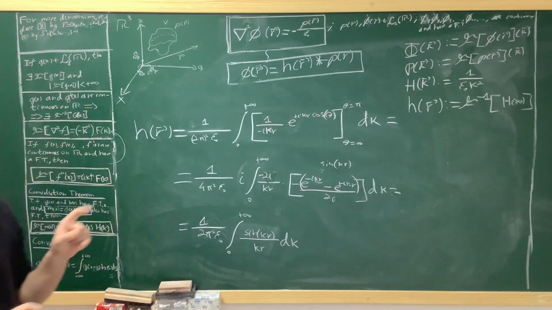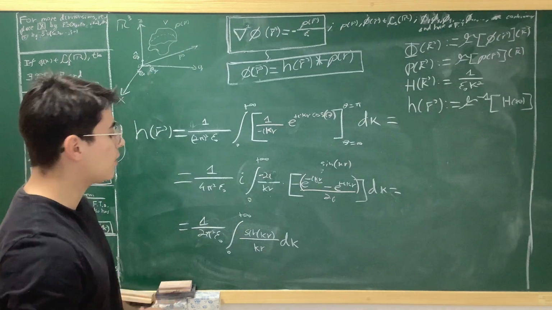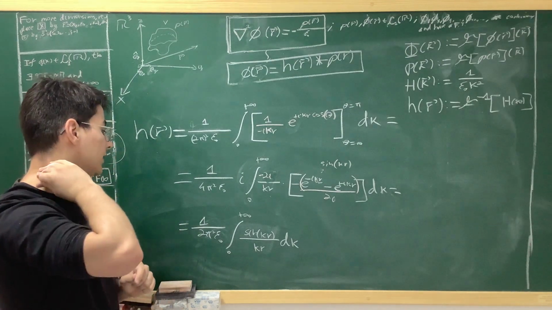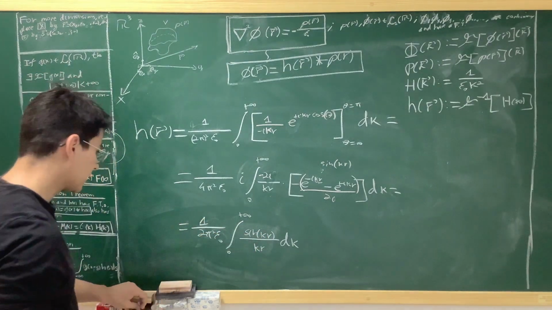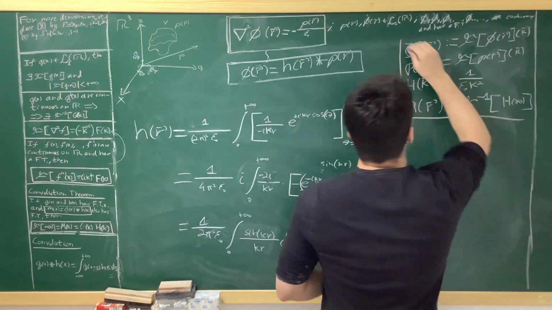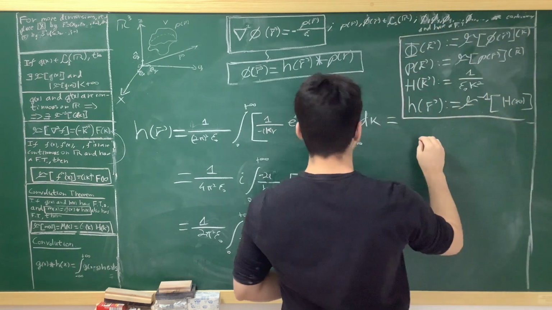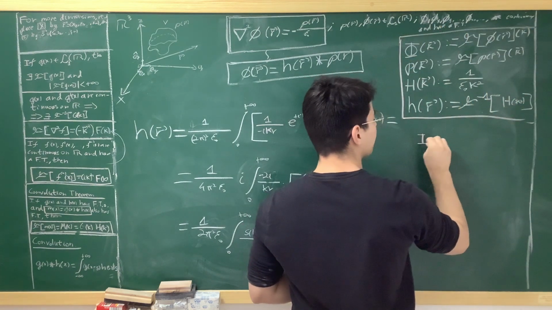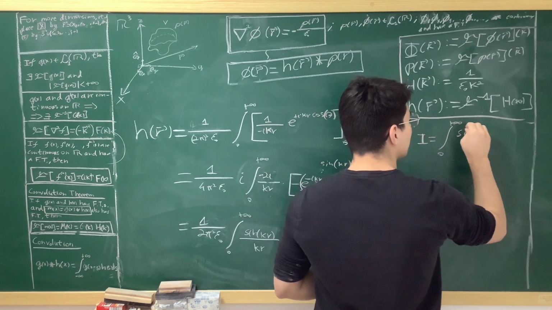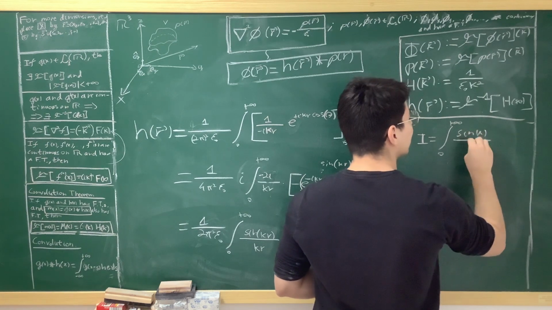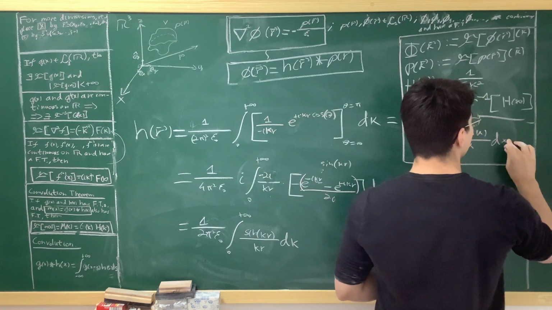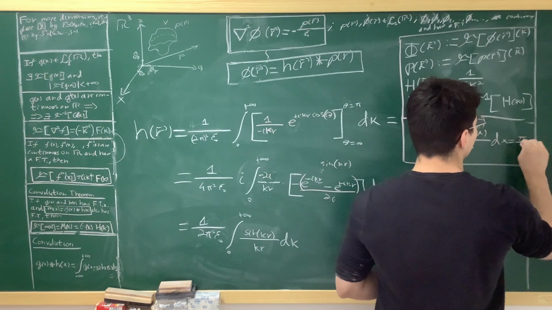Now, there could be a problem here if we have never seen this integral, but this integral is actually really famous. And, well, not exactly this integral, but really the integral, let me just write it here. This integral, which I'm going to call I, the sine of x over x, it's a really famous integral, and its value is pi over 2.